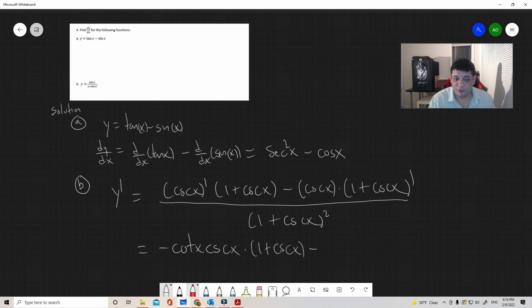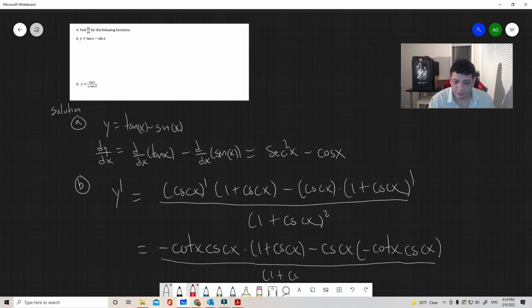And now the derivative of 1 plus cosecant of x is just going to be essentially the same thing. So we're going to have cosecant of x multiplying minus cotangent of x times cosecant of x. Notice that the derivative of 1 is 0, and so we don't have to add anything special in there.